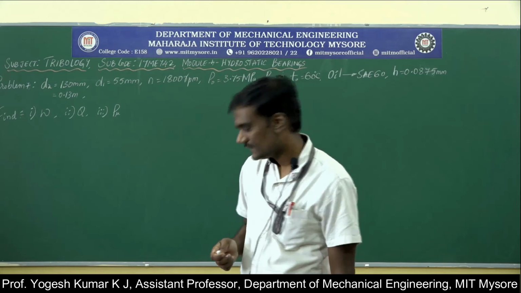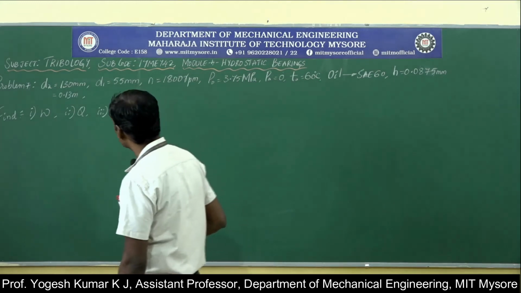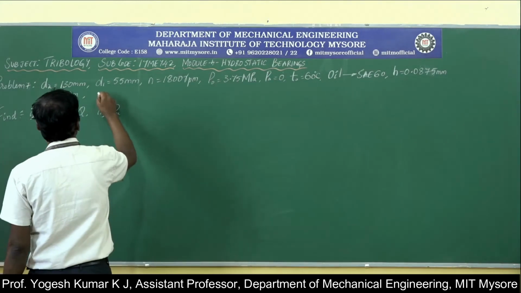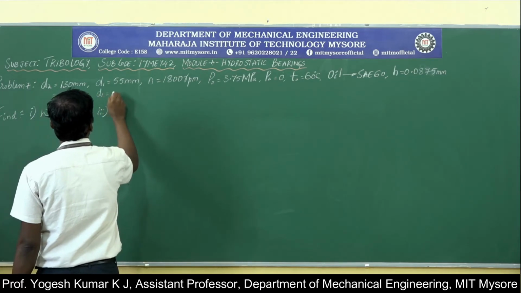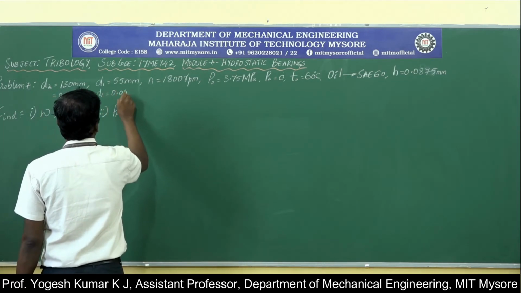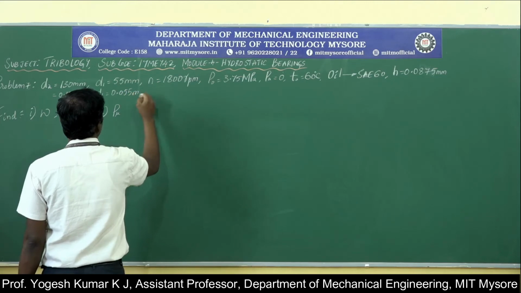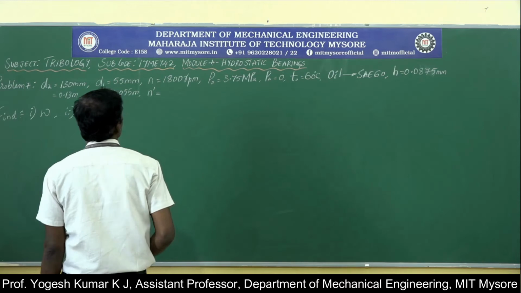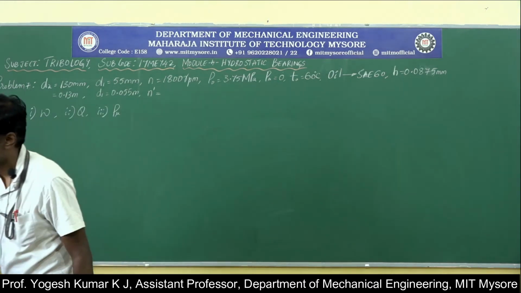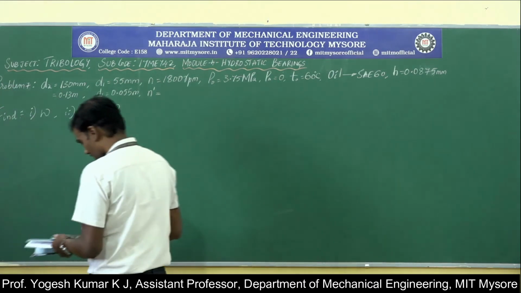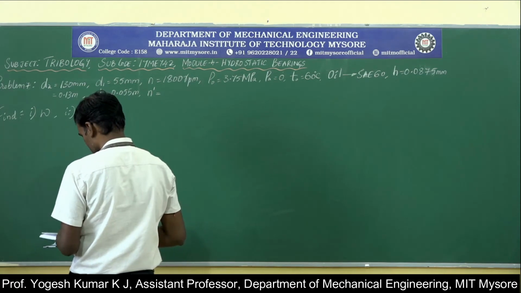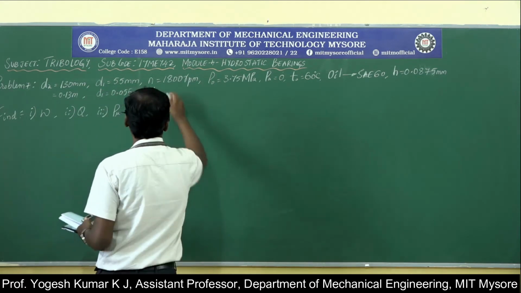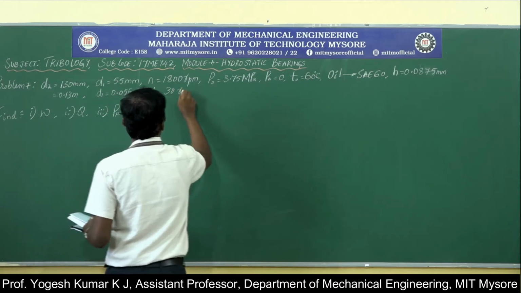So let us write the data as given. Diameter of the shaft 130 mm, we can write that as 0.13 m. Diameter of the pocket is 55, which can be written as 0.055 meters. The speed is in terms of RPM, so let us convert that to RPS. 1800 by 60 turns out to be 30 RPS.